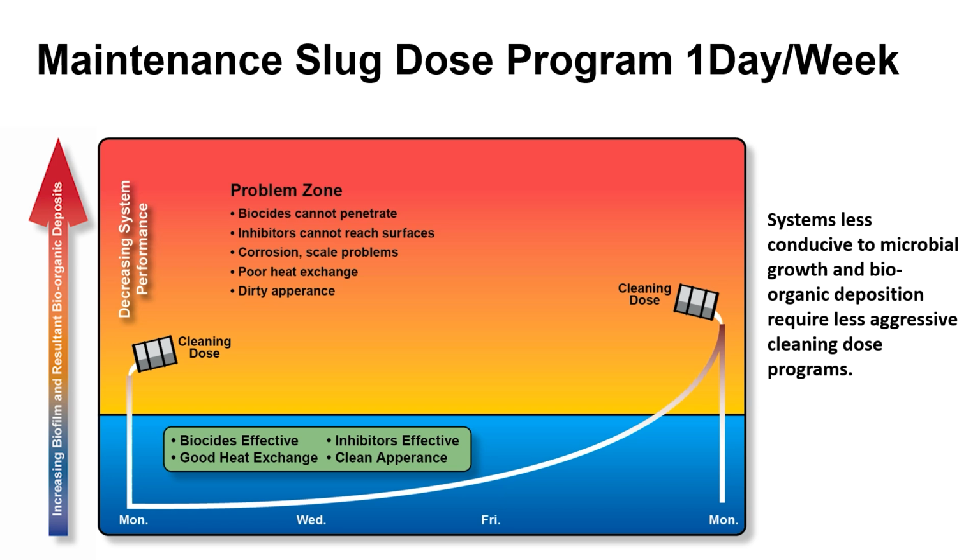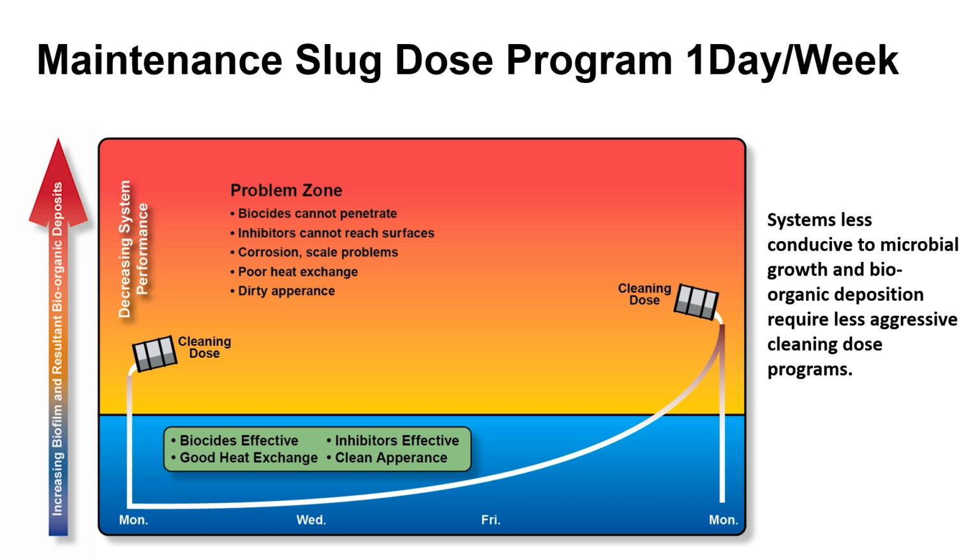If you have a system with a more aggressive refouling rate, you might have to dose every day and at a higher concentration. The concentration of the chemistry and the frequency of the cleaning are all dependent on the refouling rate of the system and how clean the system needs to be.